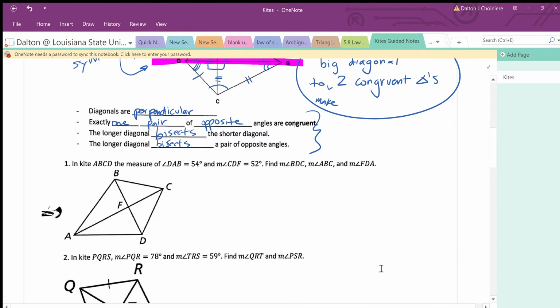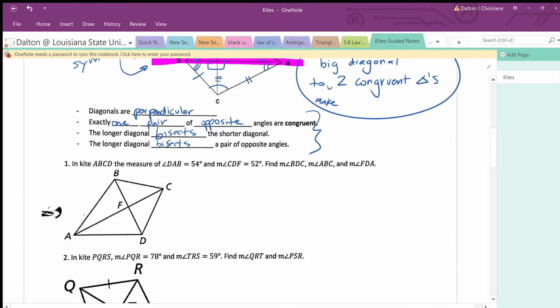Number 1 says, in kite ABCD, the measure of angle DAB is 54 degrees. D to A to B is 54 degrees.